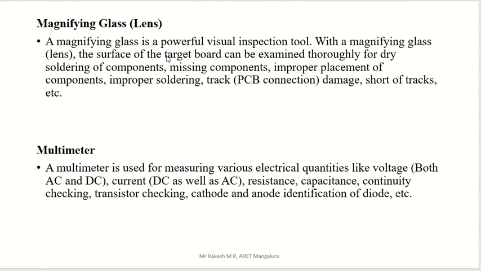With a magnifying glass, that means a lens, the surface of the target board can be examined thoroughly for dry soldering of components, missing components, improper placement of components, improper soldering, track damage, short of tracks, etc.